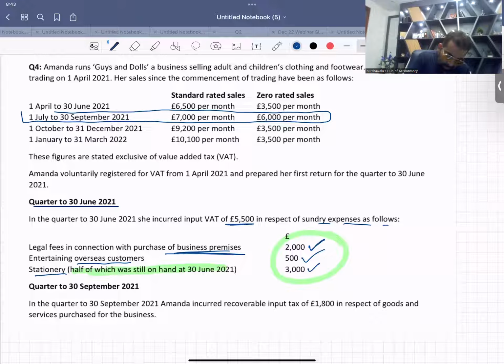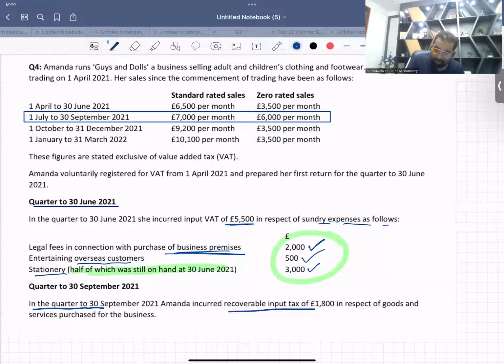This is your quarter, July, August, September, right? And in the quarter to 30th September 2021, Amanda incurred recoverable input tax of 1,800.